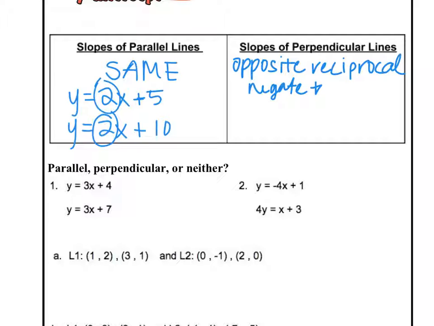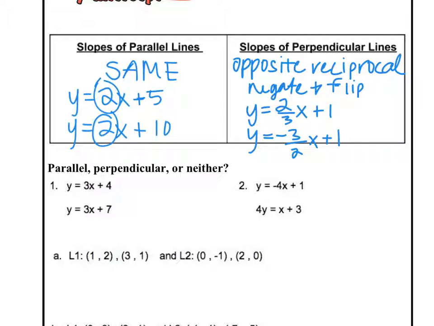So negate and flip. An example of that would be 2/3 x plus 1 and negative 3/2 x plus 1, because one is positive, one is negative, and they're flipped.